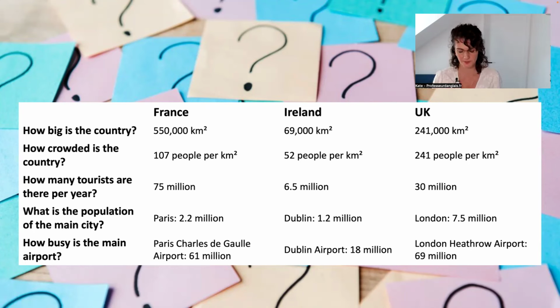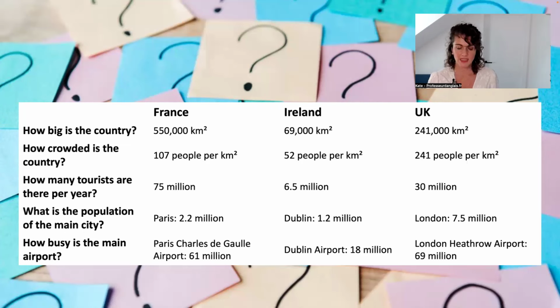Some examples. France is by far the largest of the 3 countries. You can see that here. France is a lot less crowded than the UK. You can see that here. Wow, the UK, 241 people per square kilometre compared to France's 107.